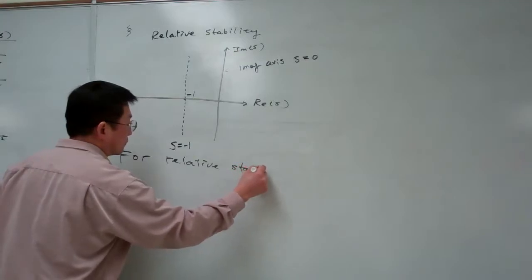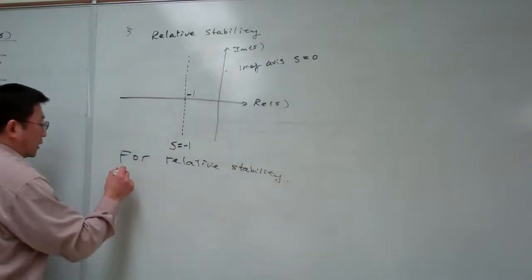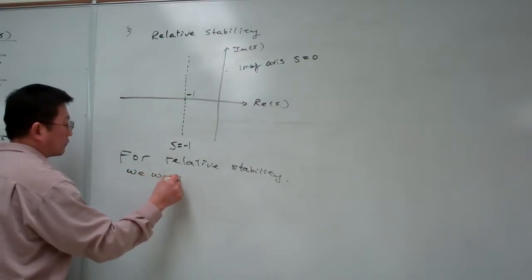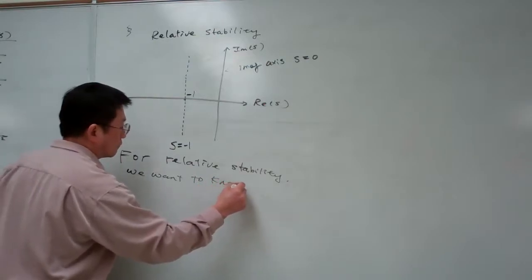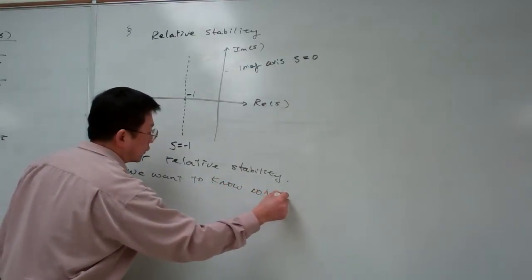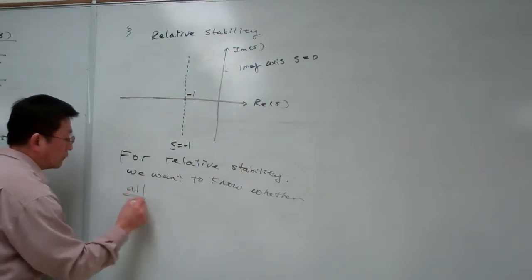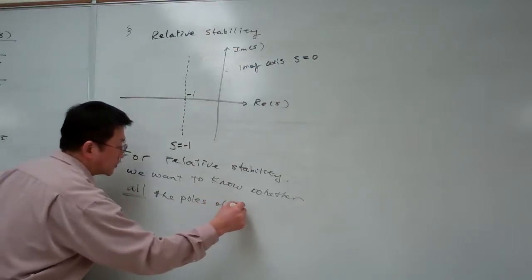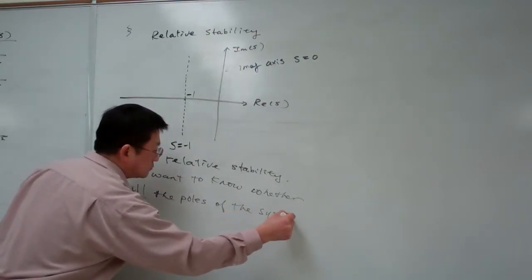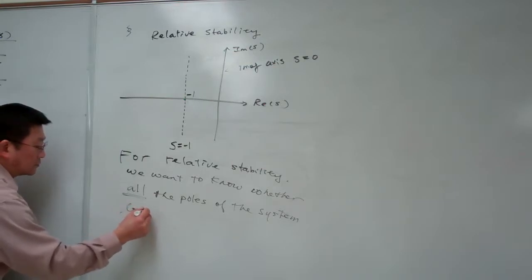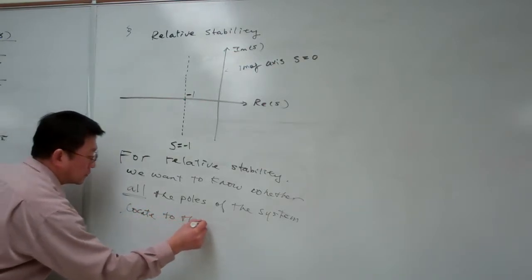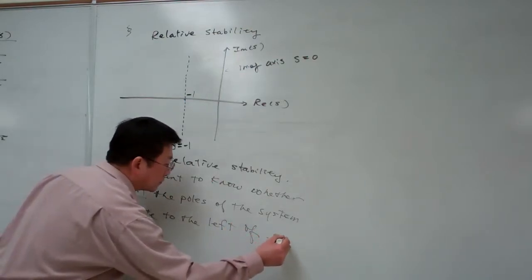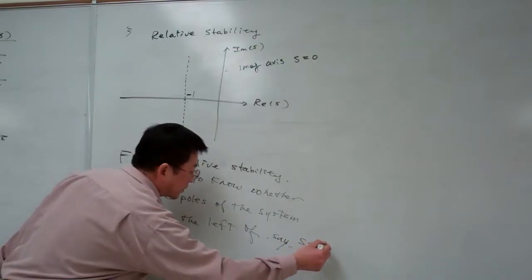So for relative stability, it means we want to know whether all the poles of the system are located to the left of, for example, s equal to minus 1.